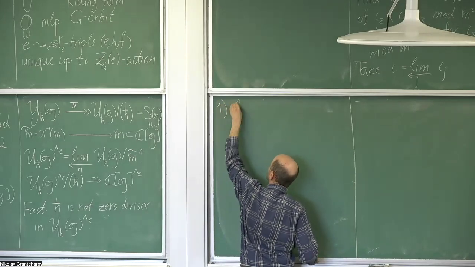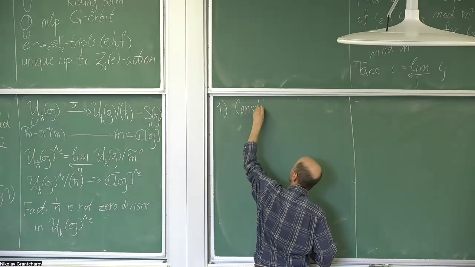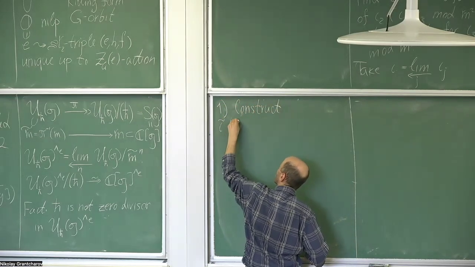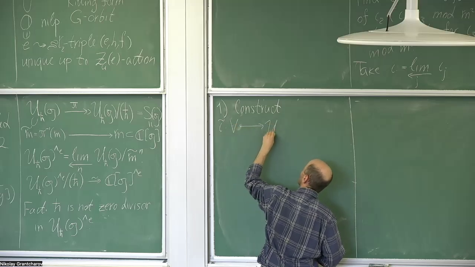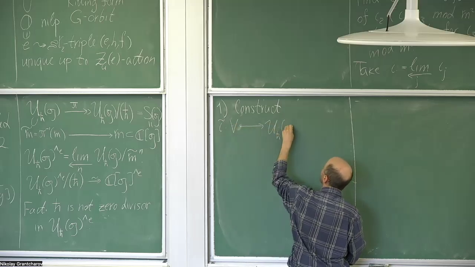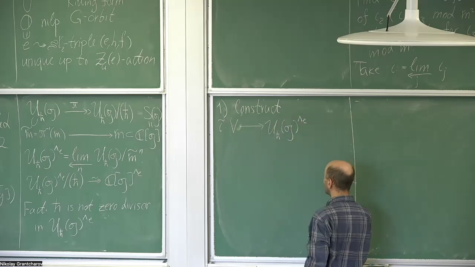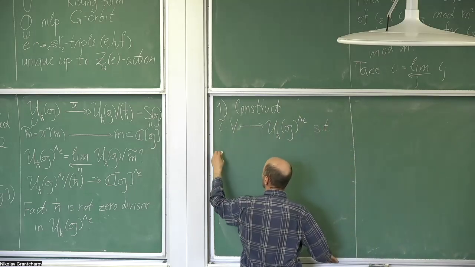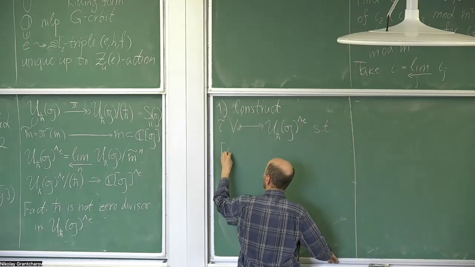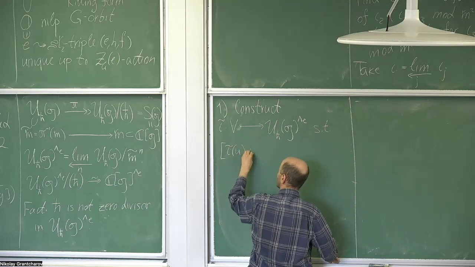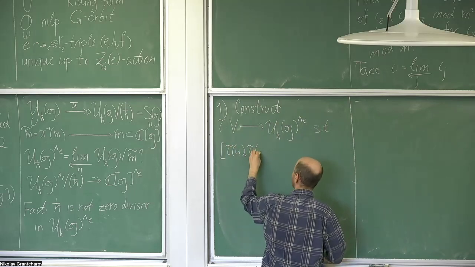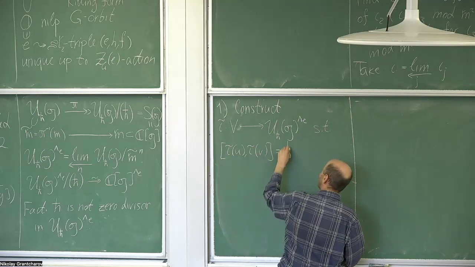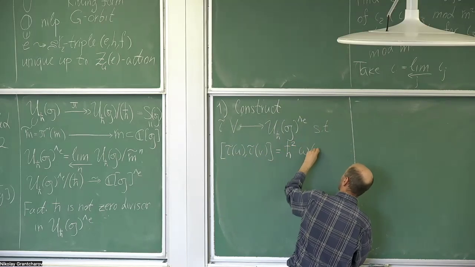So first I construct iota tilde going from V to the completed algebra, such that the bracket of iota tilde U, iota tilde V is H bar squared omega UV.